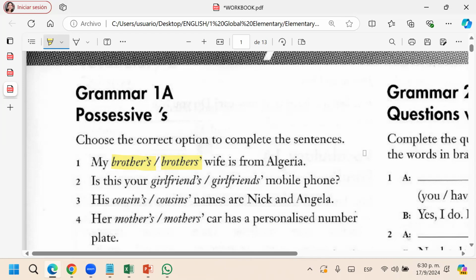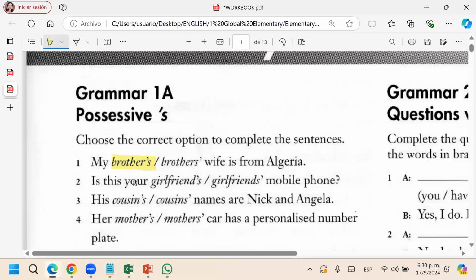It says here one wife, one brother, so I have to use the singular. My brother's wife, the wife of my brother. Because if I say my brothers' wife, it's like one wife for my 2 or 3 brothers, so it doesn't make sense.